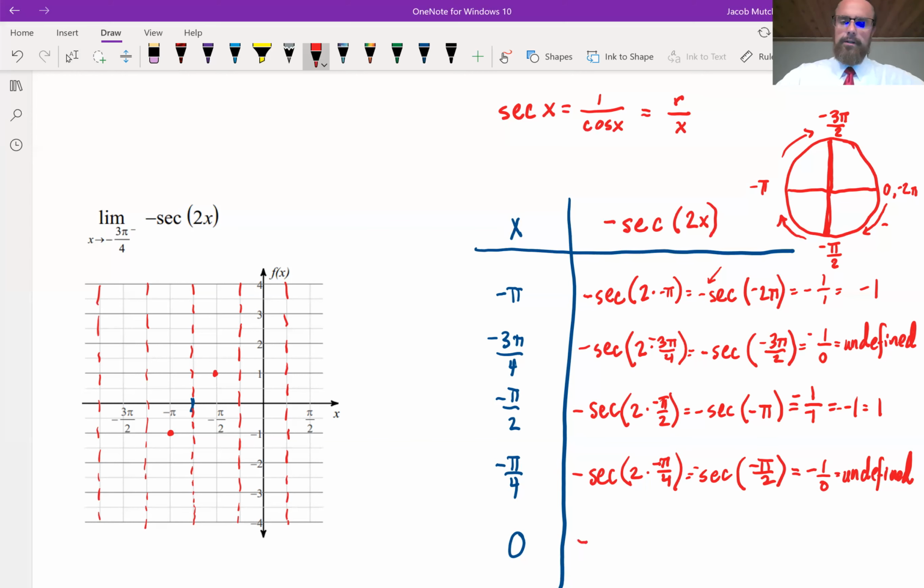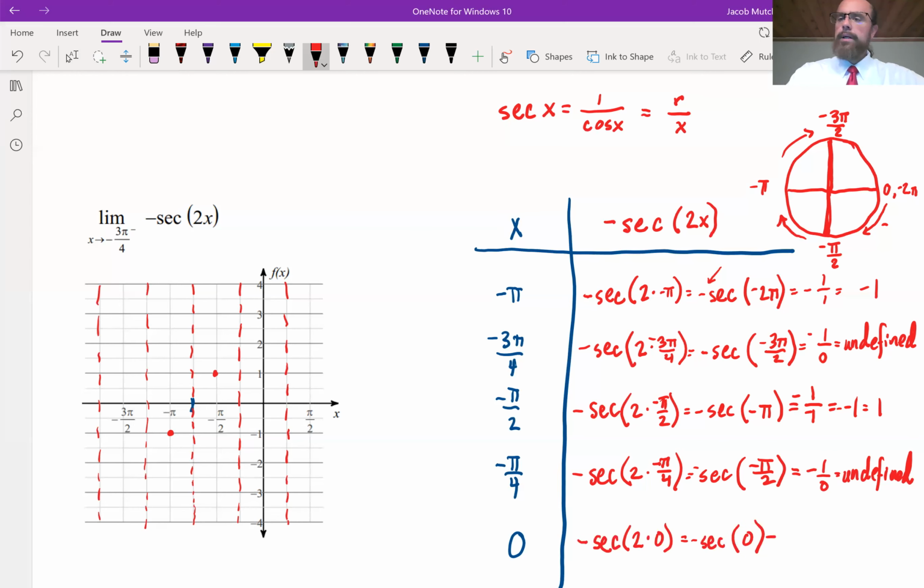The last value, and you can maybe predict this. What do you think it is based on the pattern? Negative pi was negative 1. Negative pi over 2 is positive 1. So at 0, what would you predict? We'll calculate. Negative secant of 2 times 0 is negative secant of 0. So we're back at the beginning.